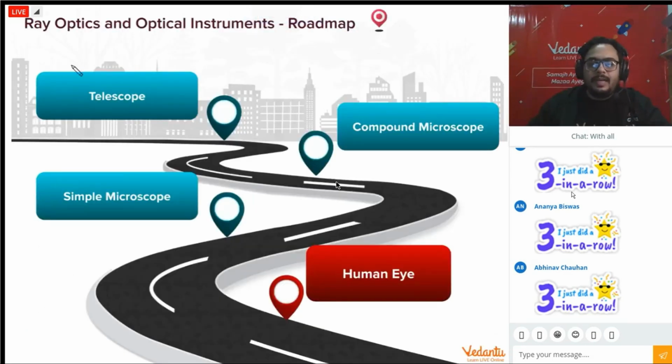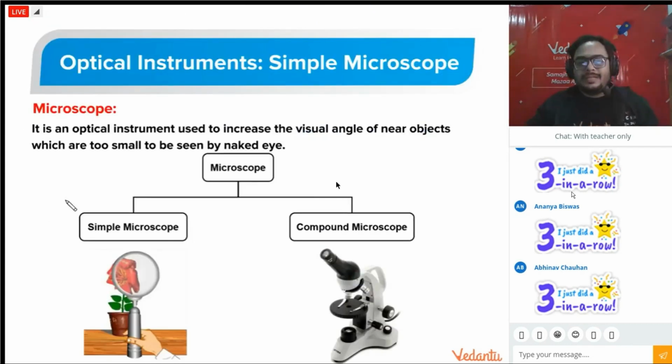Okay. So next thing we are going to focus on is a simple microscope. So what is a simple microscope? Let us talk about it. Basically, some things are very, very small and we need to look at them. I don't know for what reason, but if you want to look at them, you can use either of the two instruments, which is simple microscope and a compound microscope.